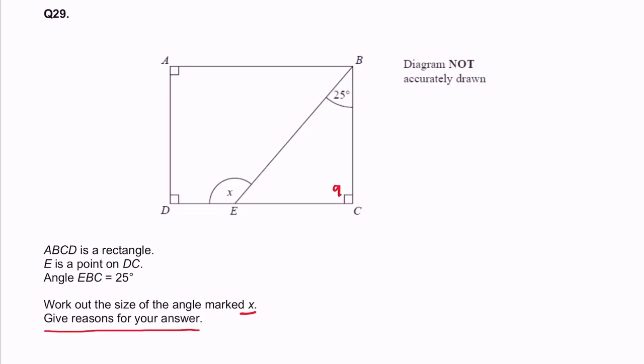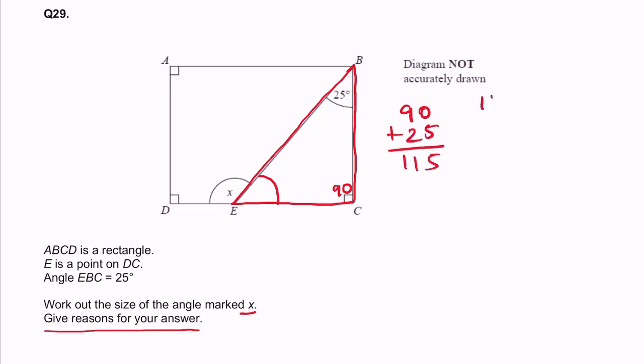So we know this is 90, a right angle triangle. So let's go ahead, add 90 and 25, so that we can take away from 180, because we know this is a triangle. So this shape is a triangle, and we know angles in a triangle add up to 180 degrees. So let's add 90 plus 25, 115, and 180 take away 115.